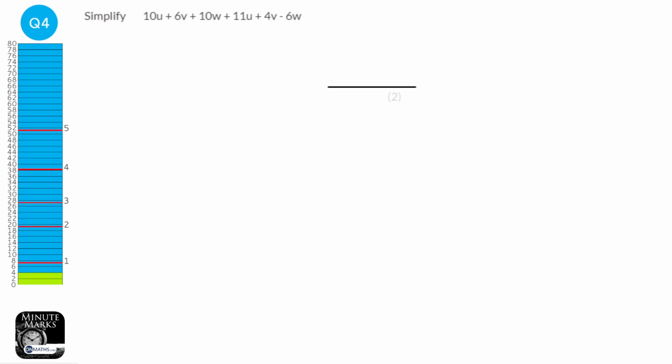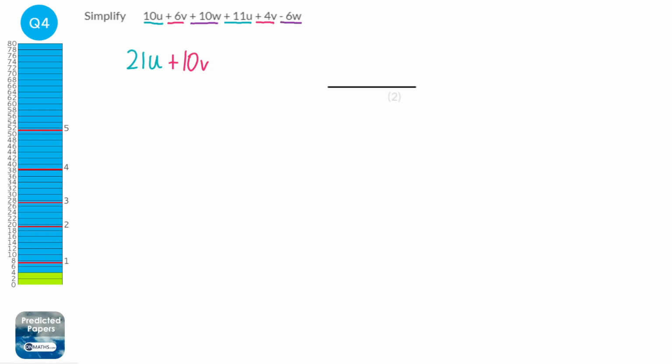This question's all about like terms. We can add this 10u with this 11u to make 21u. We can also add this 6v with this plus 4v to make 10v. We can also add this 10w to this minus 6w.